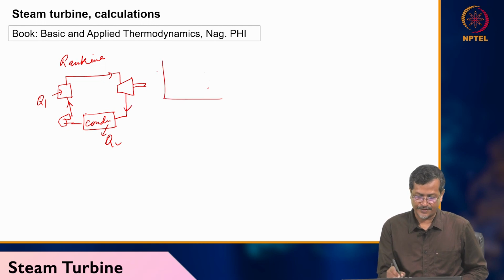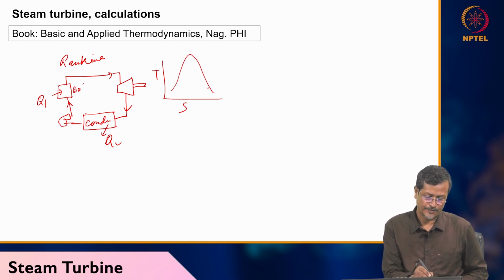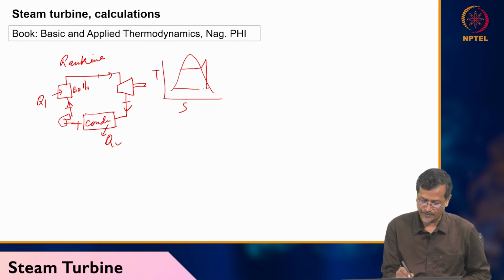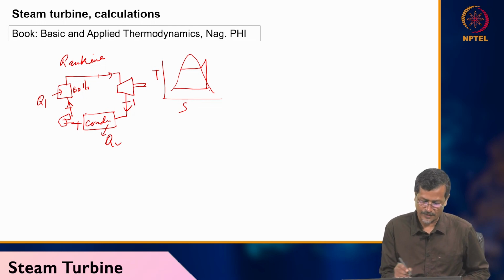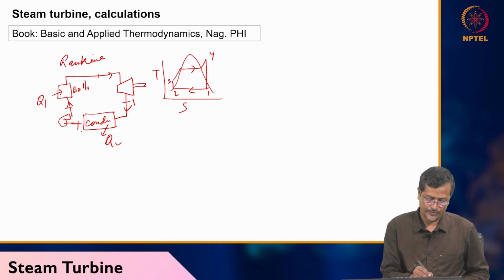If I draw in the TS diagram, first you have to draw the vapor envelope, then the boiler, and you have to put the numbers properly. Already you have seen, it can be inside, outside, everywhere possible, but ideally we will assume after the boiler, let's say 1, 2, 3, 4. 1 to 2 is your condenser, 2 to 3 your pump, 3 to 4 your boiler.